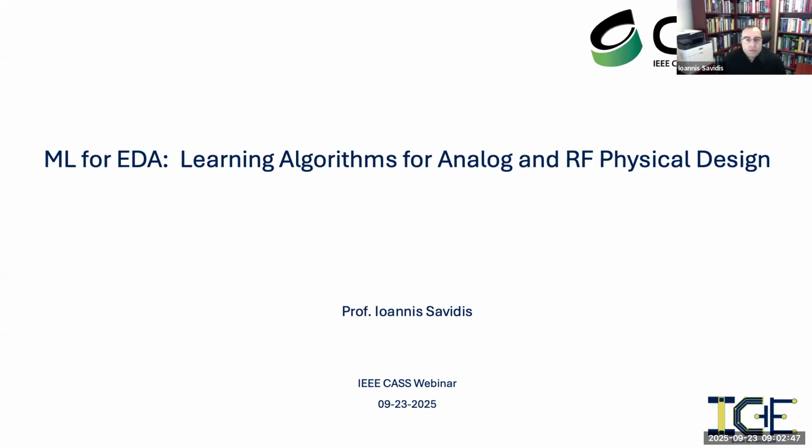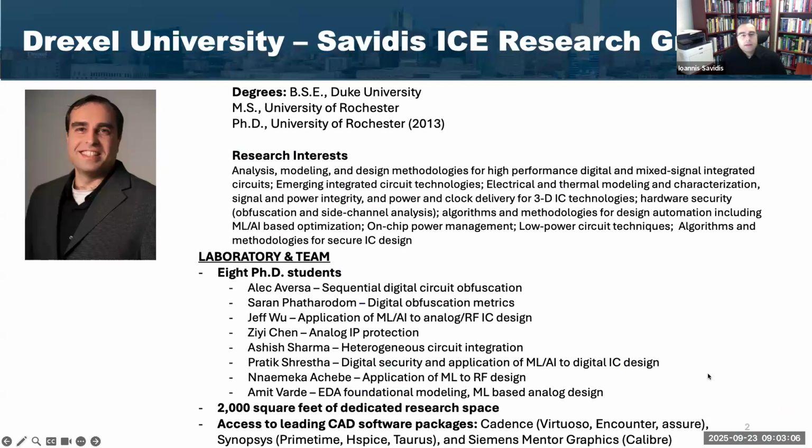Wherever you are in the world today, welcome to my talk on machine learning algorithms for analog and RF physical design. Before we get into the nuts and bolts of the presentation, I'm just going to quickly introduce my research team, not myself in this case. There we go.